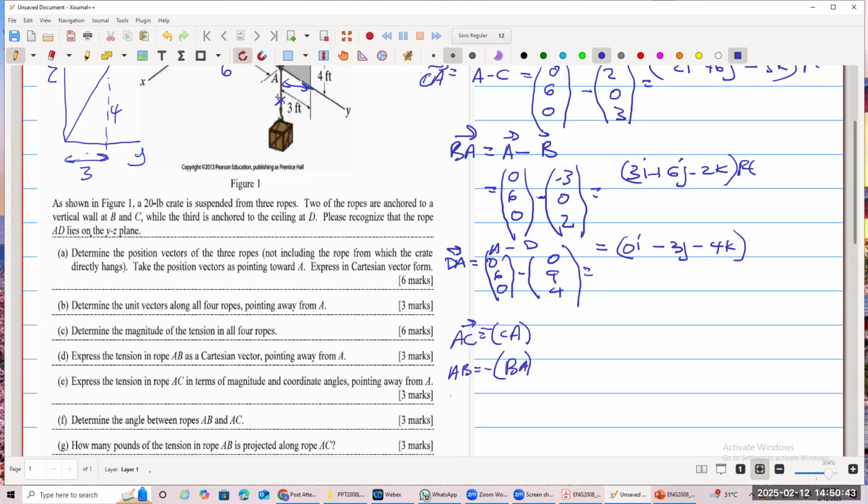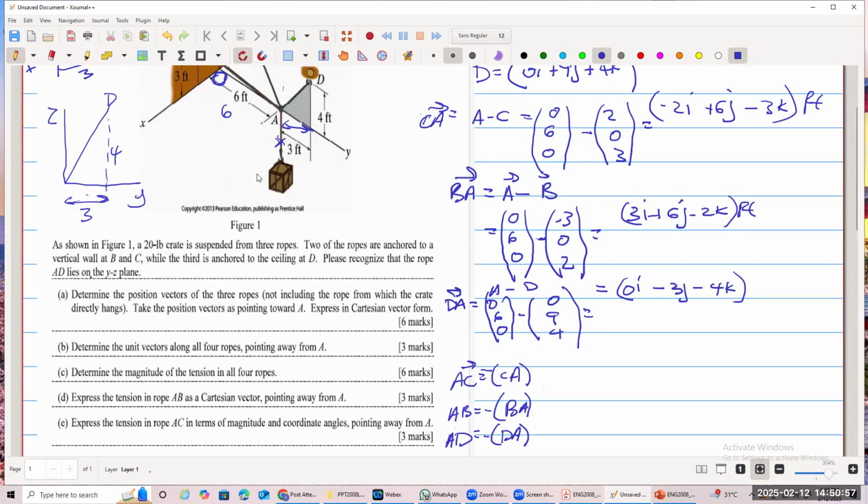And the next one, you want AD, which is minus times DA. So what it means is that each component will be multiplied by a minus.